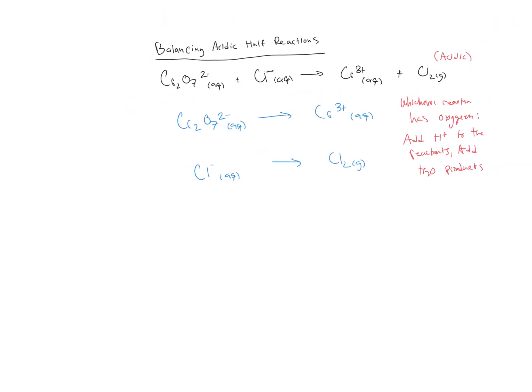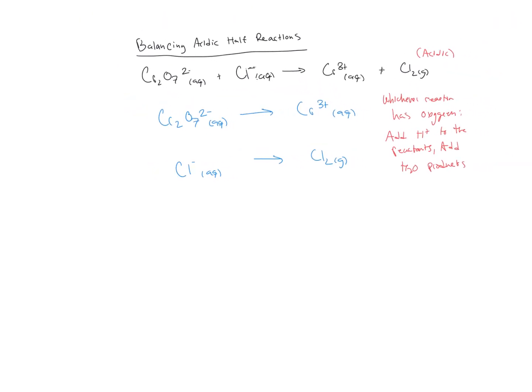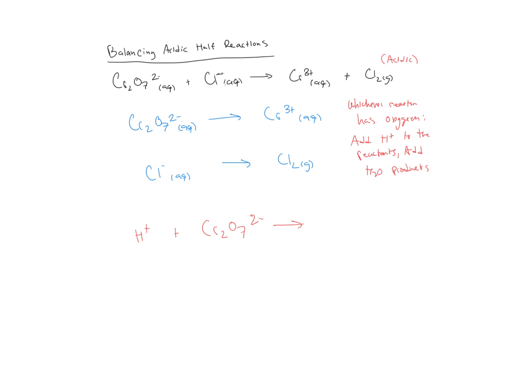So if we take our chromium oxide, that's where the oxygen is, H+ and Cr2O7 2- will react together to form Cr3+ and H2O. Now if we balance this equation, we can balance the chromium by adding a 2 in front of Cr3+. We can balance out the oxygen by adding 7 H2O, and then to balance out the hydrogens, we should have 14 protons, or 14 H+ ions.